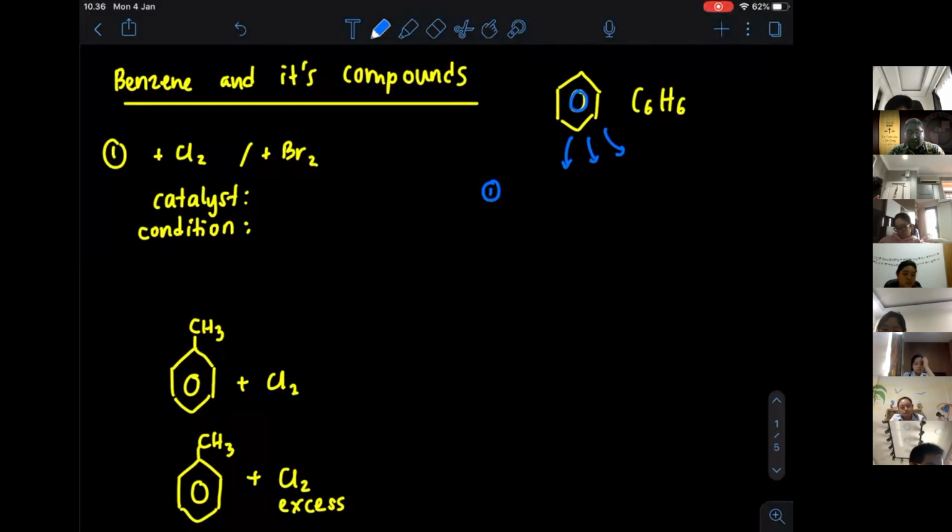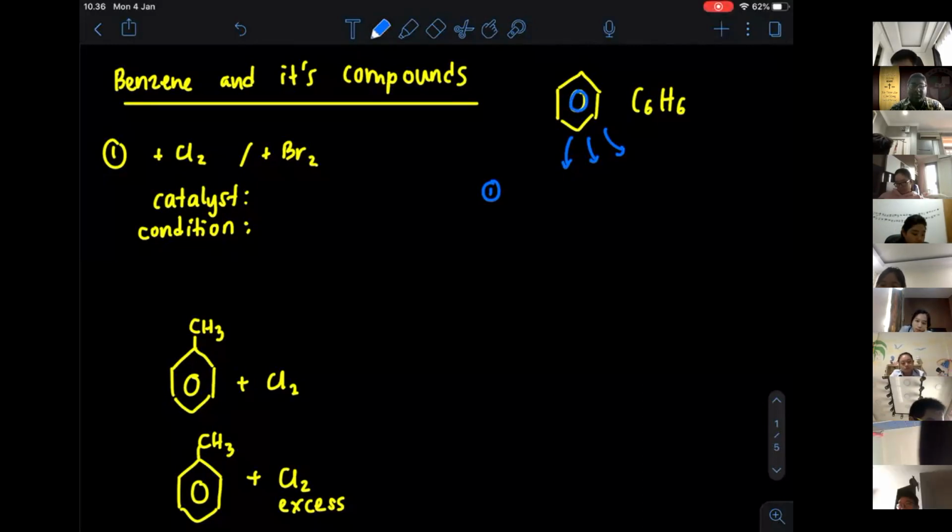Because of the delocalized electrons, are nucleophiles attracted to them, or electrophiles? Electrophiles are electron loving, and there are a lot of electrons over there, so electrophiles are attracted, and the mechanism of the reaction is going to be electrophilic substitution.